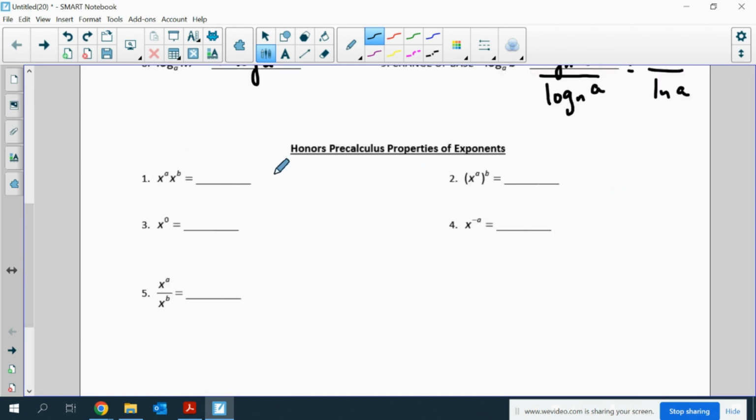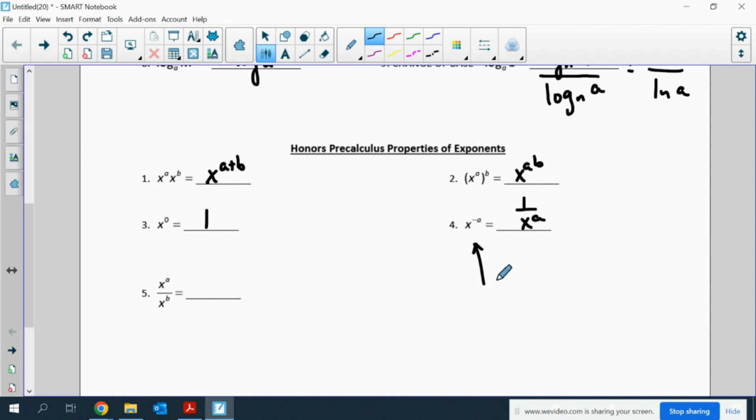Here's a quick review of some exponent properties. X to the a times x to the b is x to the a plus b. X to the a to the b power, you multiply the exponents. So x to the ab. X to the 0 is 1, x to the negative a is 1 over x to the a.